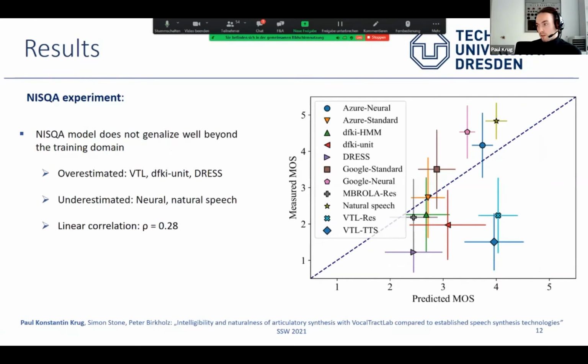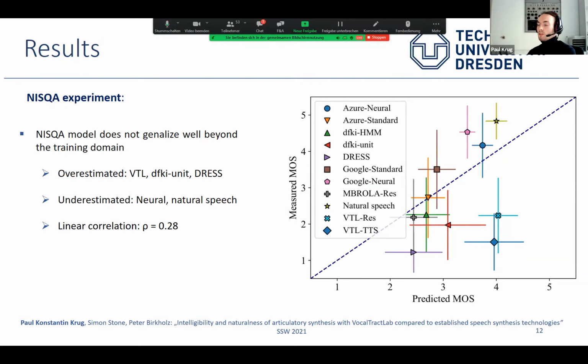And the NISQA results. Basically, the idea was to test this system because it has never seen articulatory data, for example, in the training samples. However, we saw that the Vocal Tract Lab synthesis is really overestimated in performance, and the neural synthesis and natural speech are underestimated.